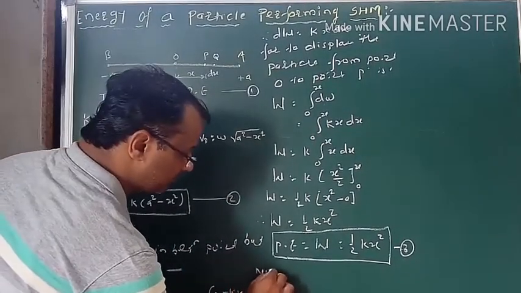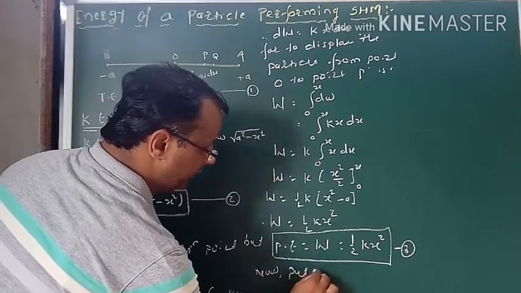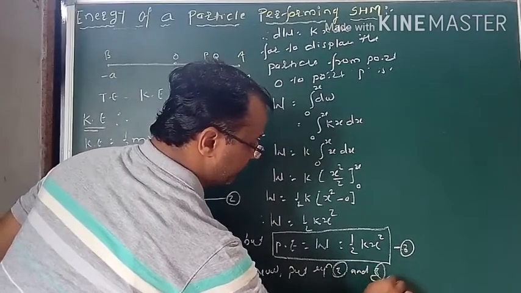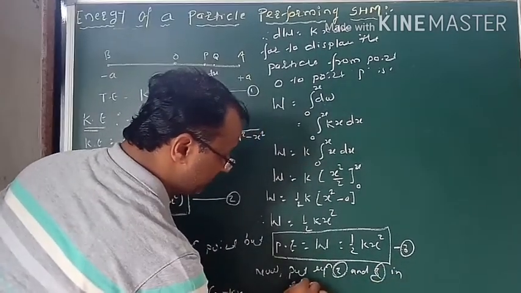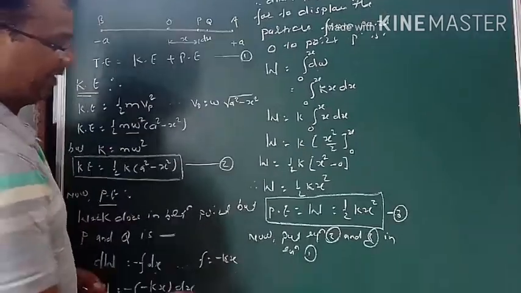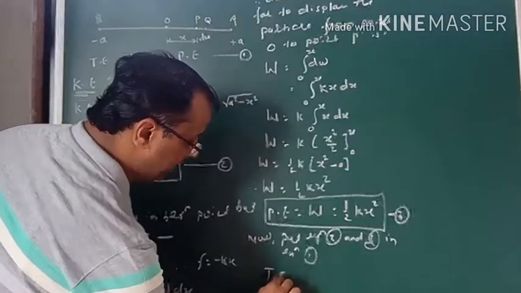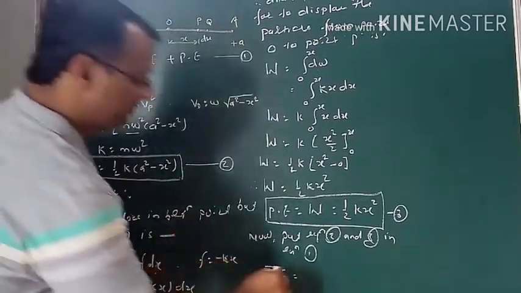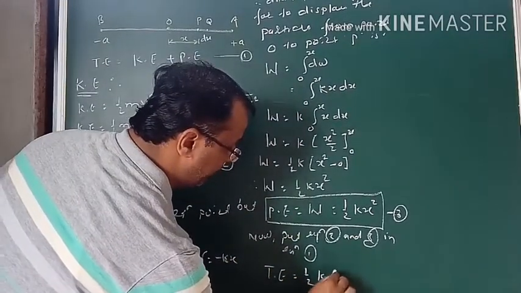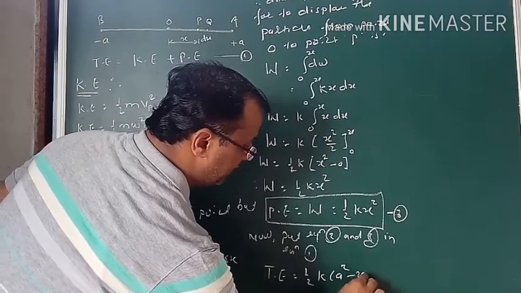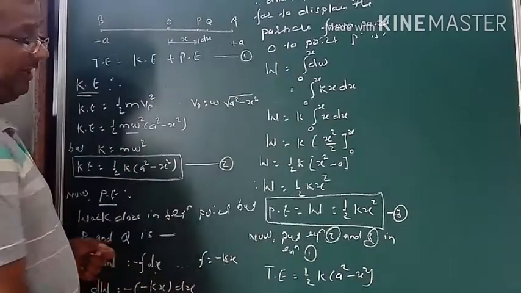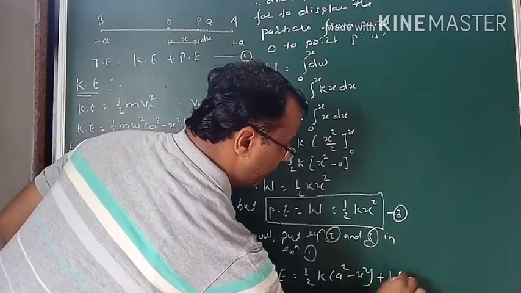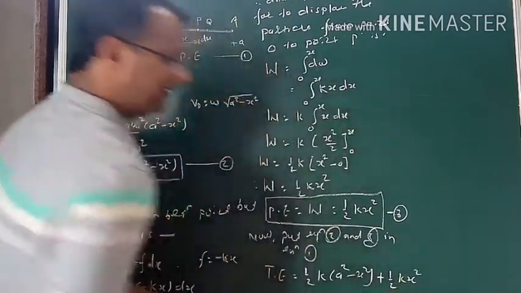Now put equation 2 and 3 in equation number 1, we get total energy equal to, here the value of kinetic energy is half of K into A square minus x square. And the value of potential energy is plus half of K into x square.